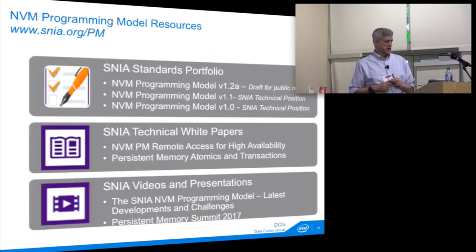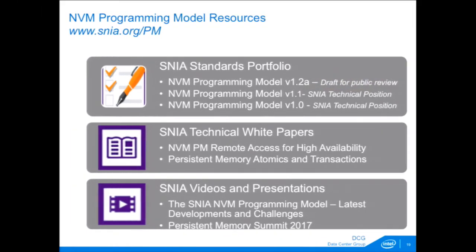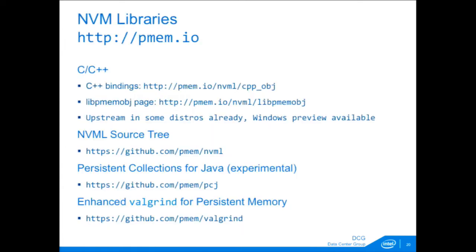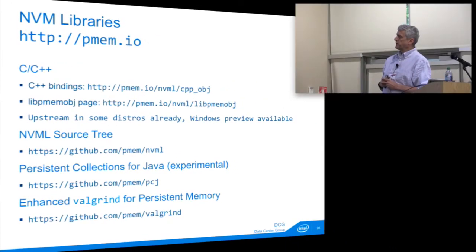If you're more interested in the SNIA stuff that has been going on, the specs and so on, there's this URL here that gets you to all the specs and things that we've been doing. If, on the other hand, you're interested in trying out the libraries or the language bindings, you can go to this pmem.io site, and if you look at these slides afterwards, you can see on GitHub here, I put all the URLs to the source.